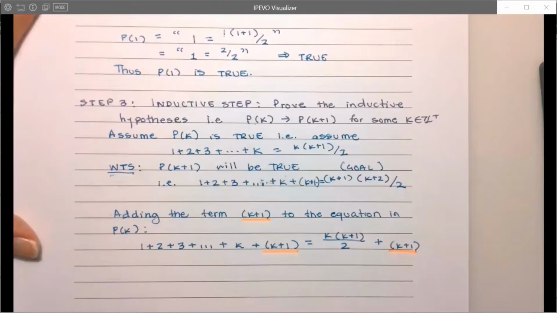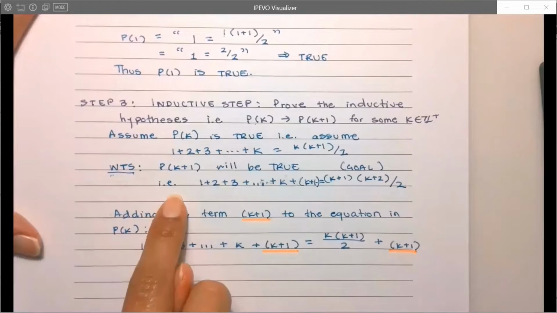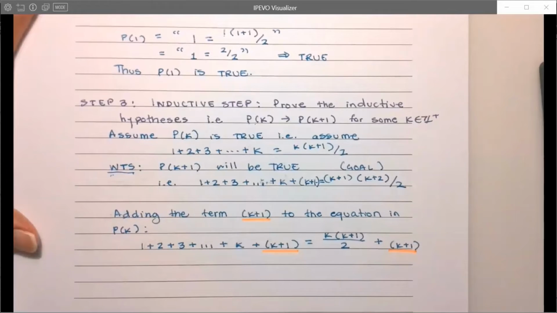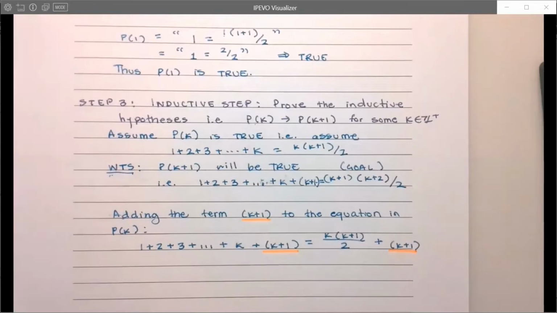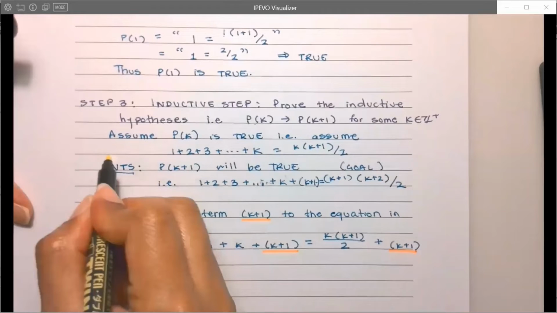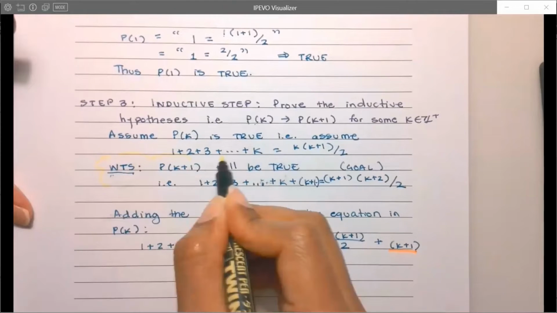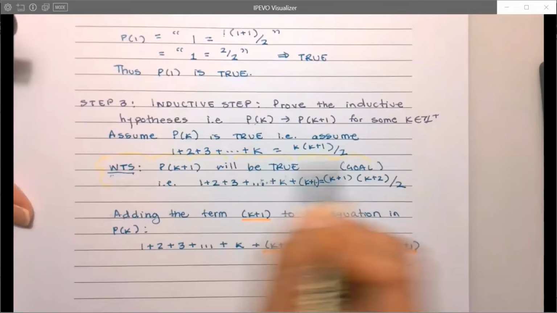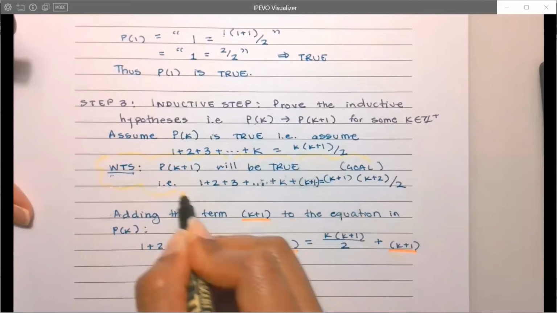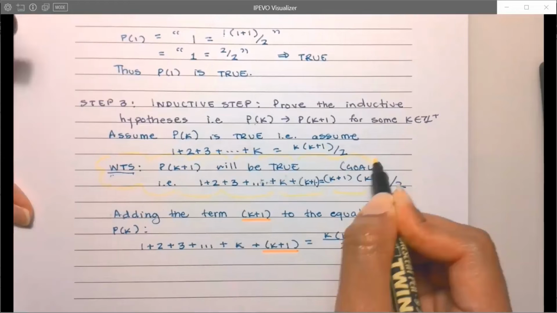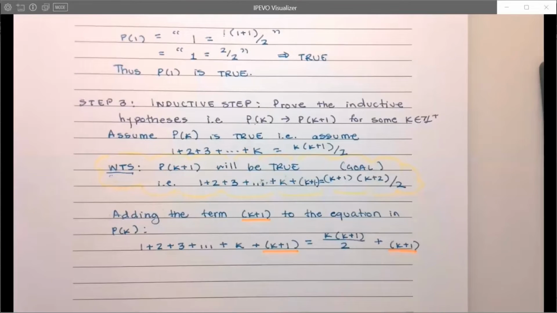Okay, now that brings me closer to the goal, right? In fact, I kind of want to highlight this and separate it from the rest of the work, because we didn't really work towards the goal here. We're just stating what we're trying to reach. So that's what we're trying to reach, and now here's the work.